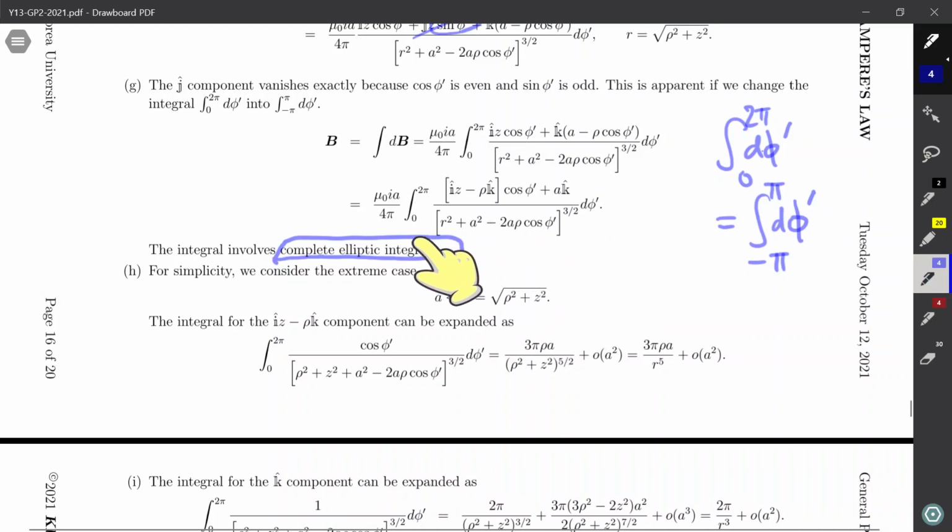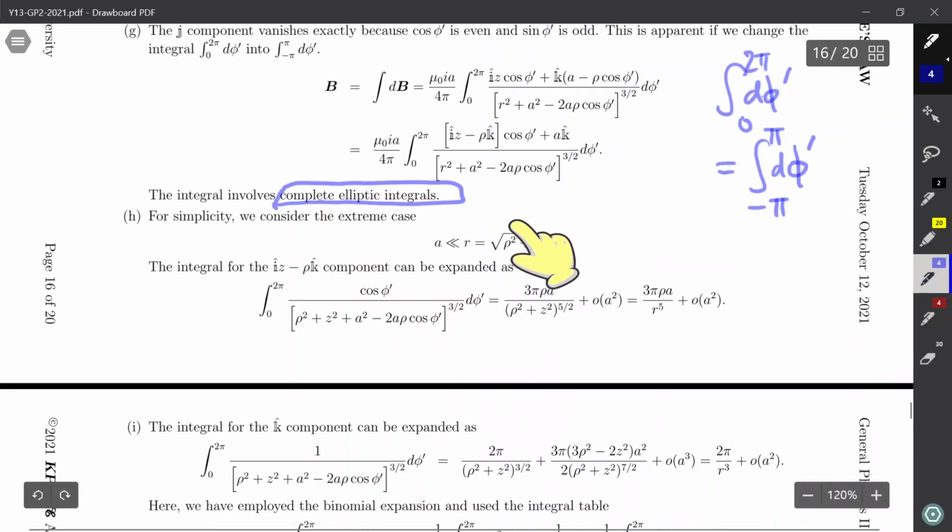However, we can expand the denominator in powers of a, because a is assumed to be very small. The expansion can be made by making use of the binomial expansion.